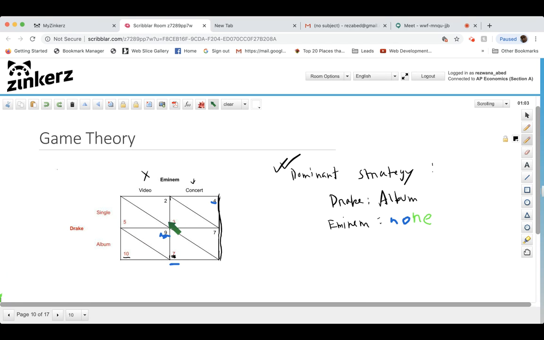So after you have done this and you have figured out what the dominant strategy is, look at this cell over here. We underlined both of these numbers, right? When we're doing game theory, if you have one cell where both numbers are underlined, we call that a Nash equilibrium.